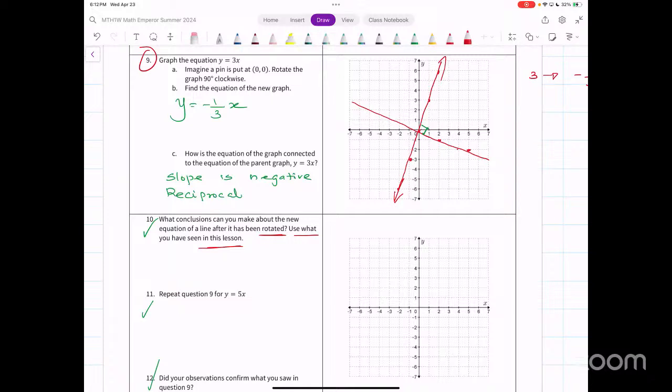We talked about it last class, right? If you rotate, it's going to be nonlinear. If you rotate a line, sir, what will happen? If you rotate a line, what will happen to the equation of the line? The slope will change. Slope will switch to its negative reciprocal.